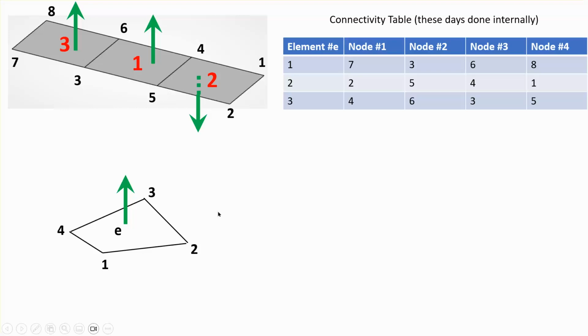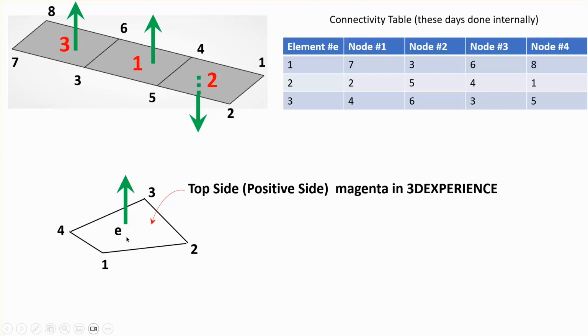So in general, if the element is E and the node numbering follows this pattern, this sequence 1, 2, 3, 4, then we have defined the normal.